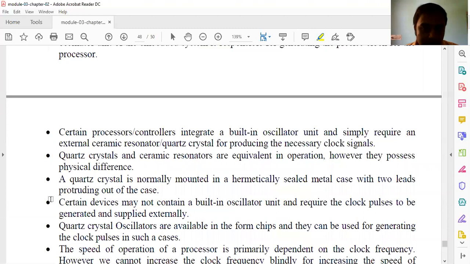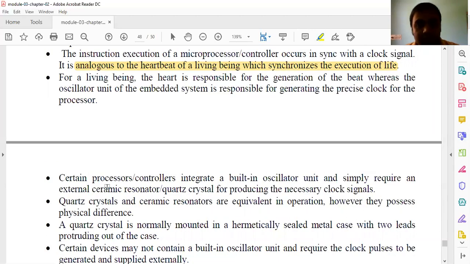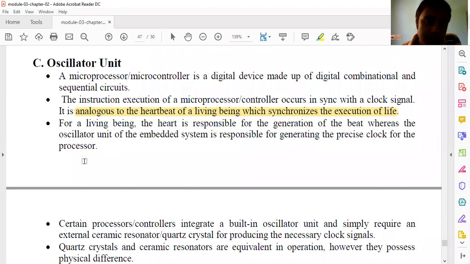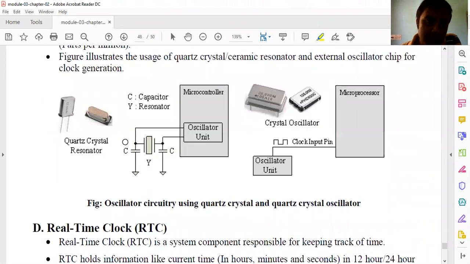So that's what he said, that certain processors or controllers integrate a built-in oscillator unit and simply require an external ceramic resonator or the quartz. So in certain processors, this oscillator unit is already present, but they need one resonator. So just look at the diagram. You might have seen this kind of structure in your motherboard, right?